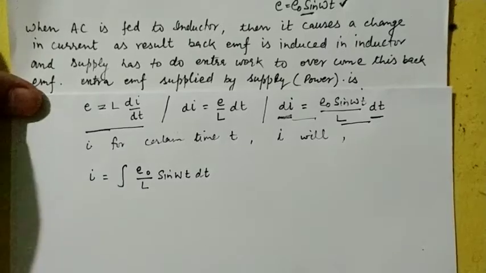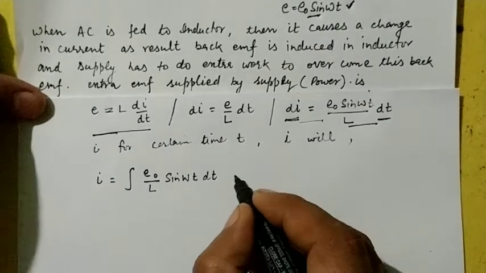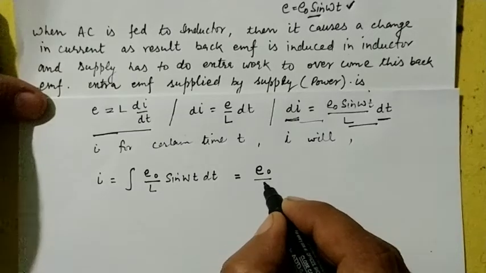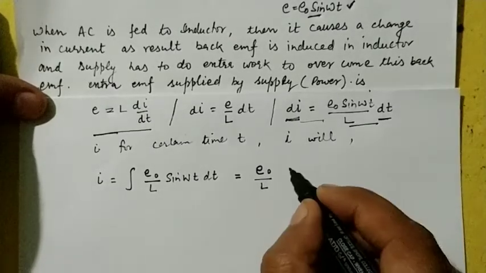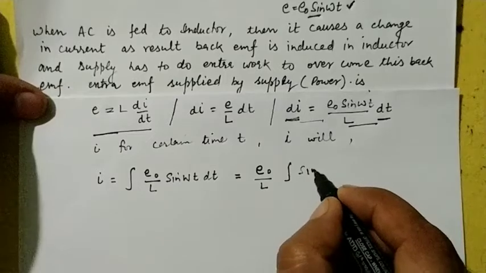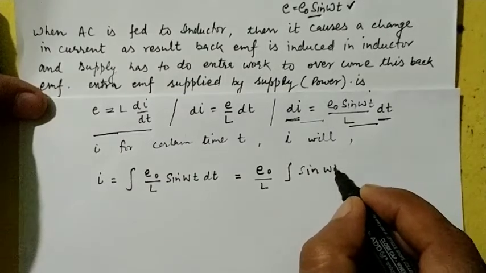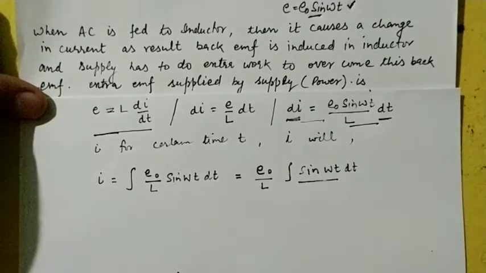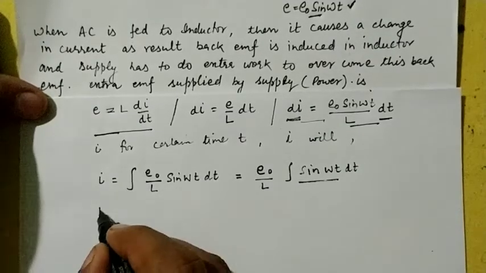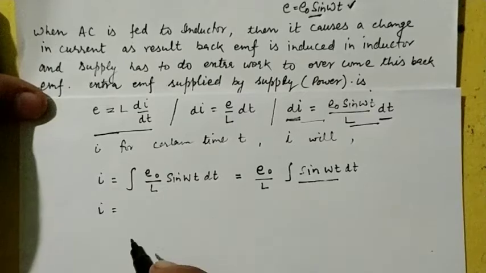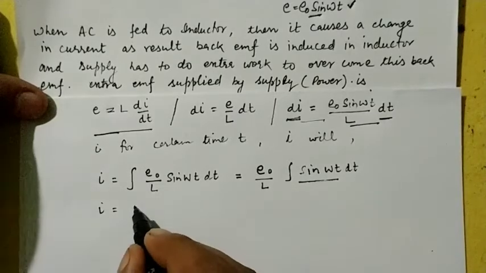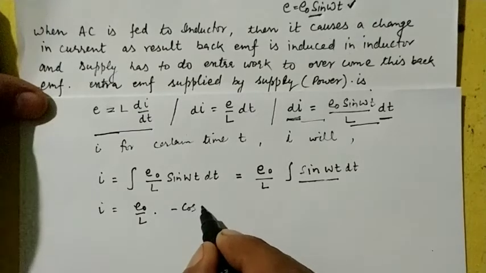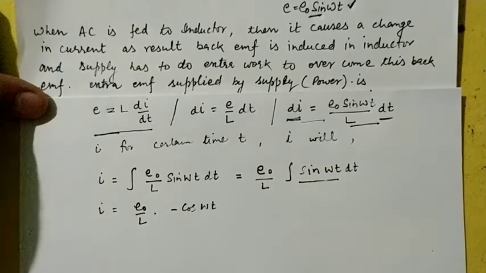Now solving a little bit, E naught by L is constant, so I will take it outside. We are left with only sine of omega t into dt. The integration of sine omega t is minus cos omega t. So E naught by L times minus cos of omega t.